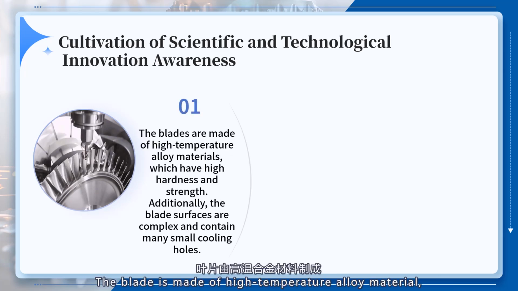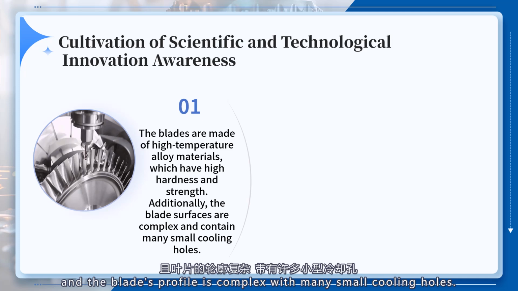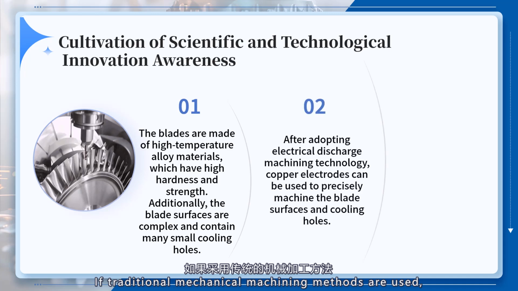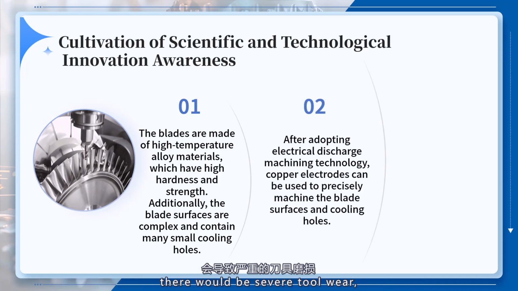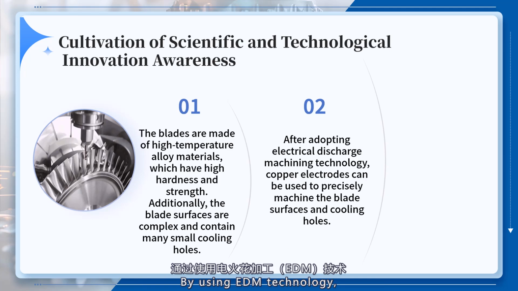The blade is made of high-temperature alloy material, which is characterized by high hardness and strength, and the blade's profile is complex with many small cooling holes. If traditional mechanical machining methods are used, there would be severe tool wear, low machining efficiency, and it would be difficult to ensure the precision and the surface quality of the cooling holes.